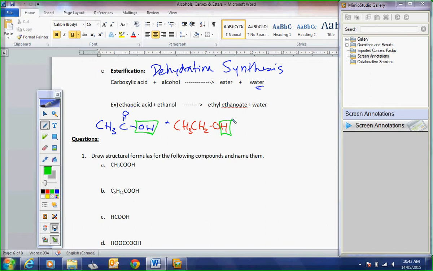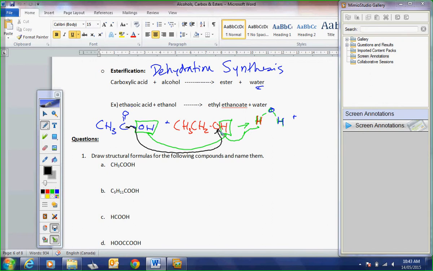So these two come together, and they form my HOH. And then I can connect this carbon, which is now missing something, onto that oxygen, which is now missing something.